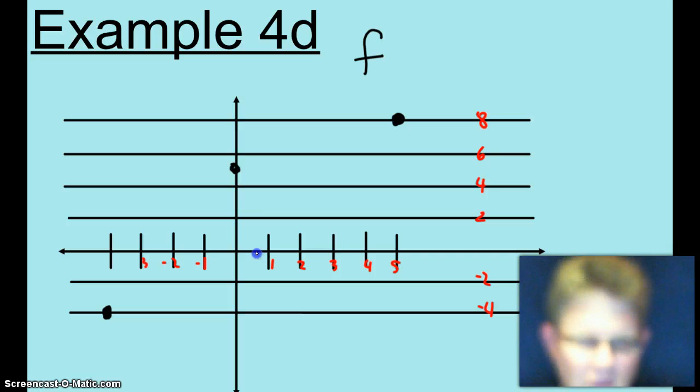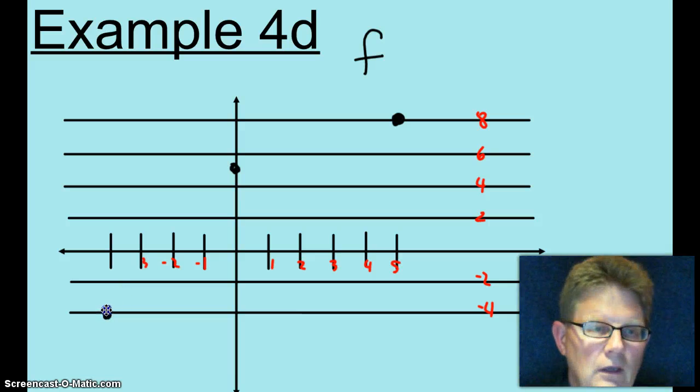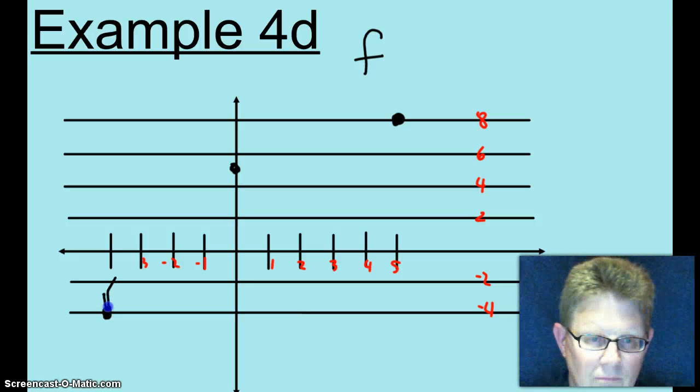F will have points of inflection there because the slope of f prime has a sign change. So let's see here. Is it concave up or concave down to begin with? Look, f prime is decreasing. So from -4 to -3, it's concave down. So it starts out concave down.